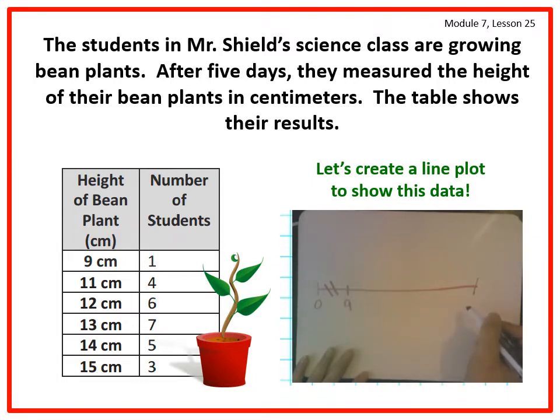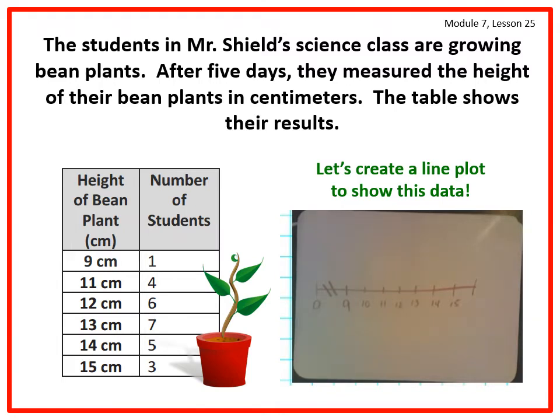If you need to pause the video and then press play, you can, if I'm going too fast for you, okay? So 10, 11, 12, 13, 14, and 15. And it's okay if you have space left. Now that we have our number line, what is the next thing we need to add to it?